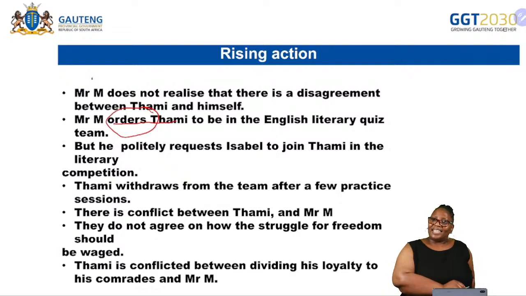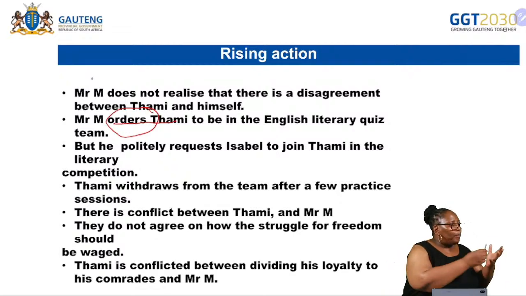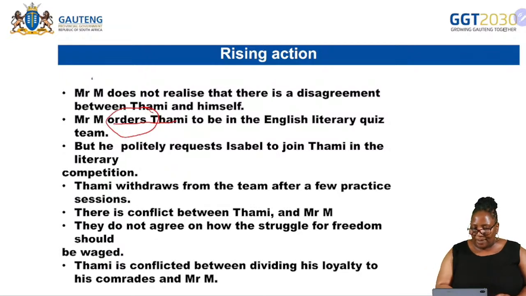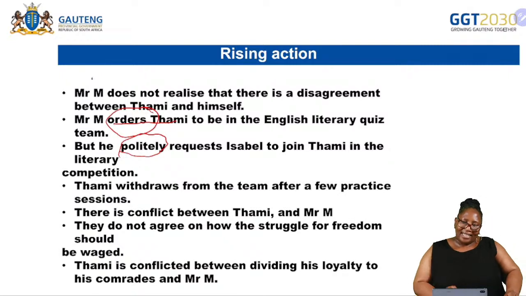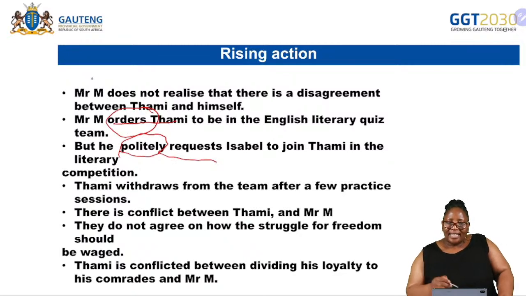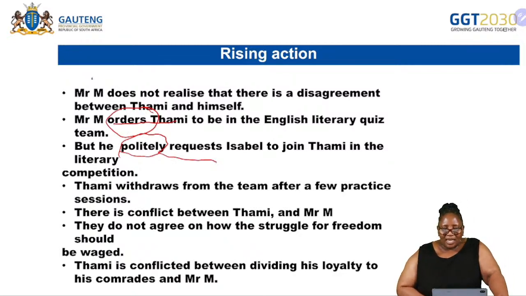On the other hand, what does Mr. M do? He politely requests Isabel. Can you see the different words there? He orders and he politely requests Isabel to join Tammy in the literary competition.